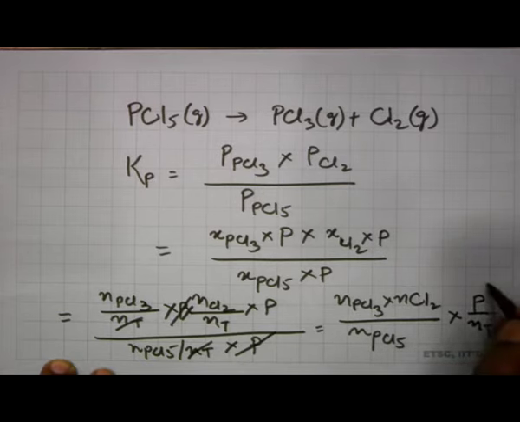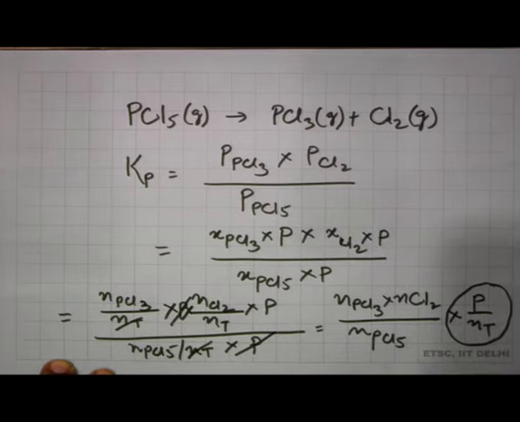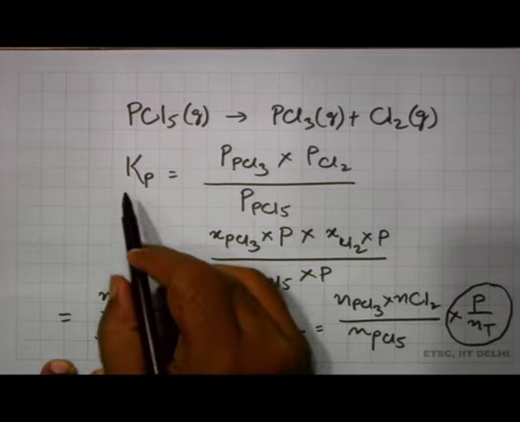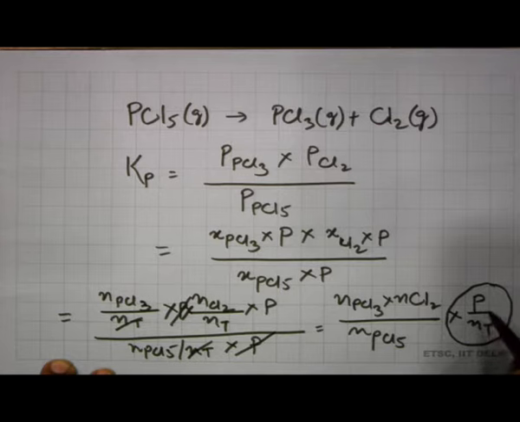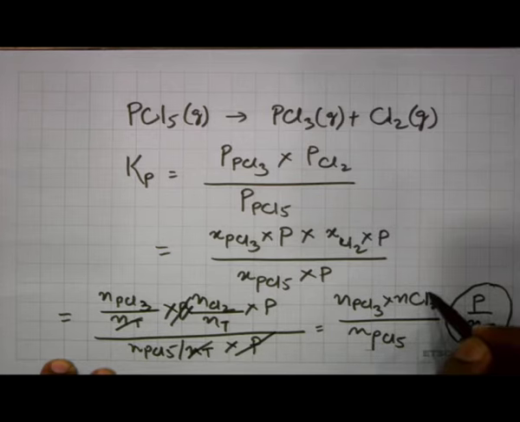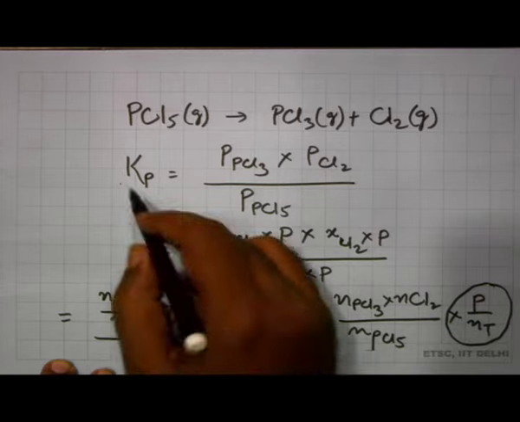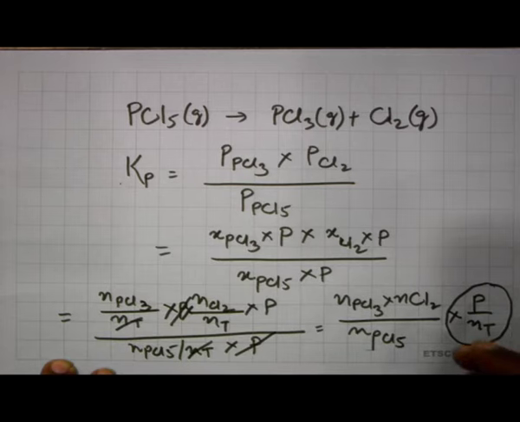Now you see you have this quantity and Kp, and the direction will depend on whether P by Nt is increasing or decreasing. If it increases, this value will decrease to keep Kp constant, while if it decreases, this will increase to keep Kp constant.